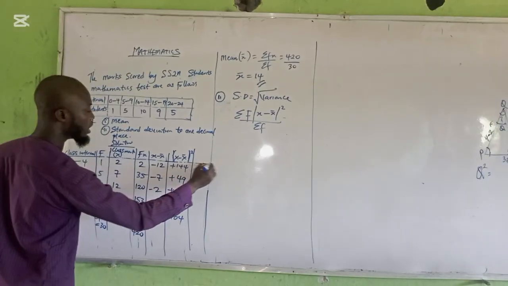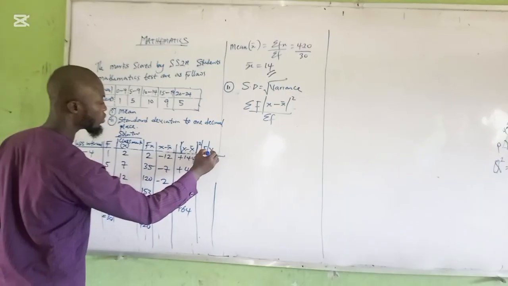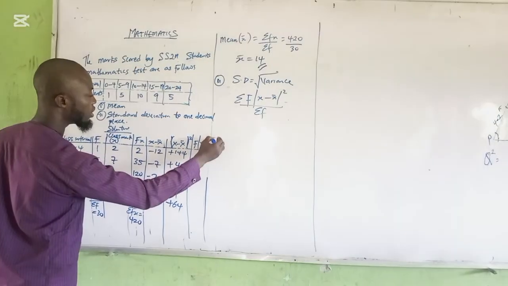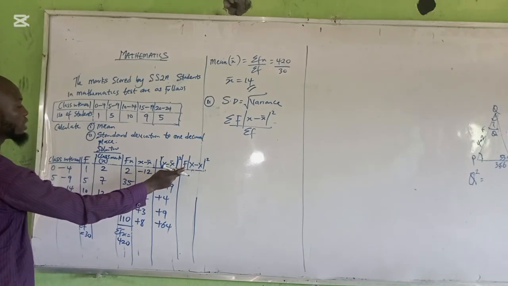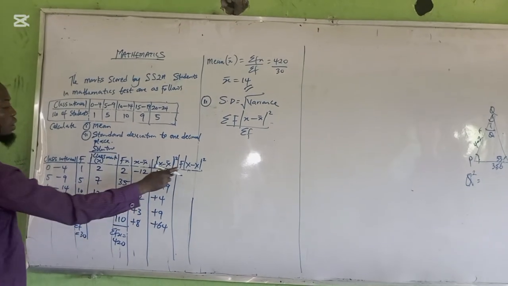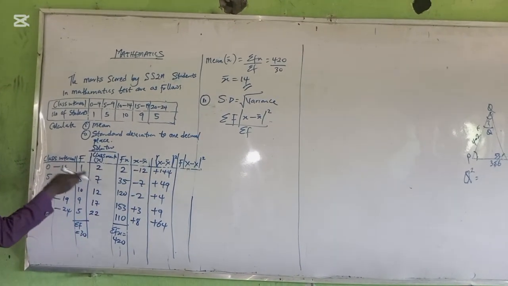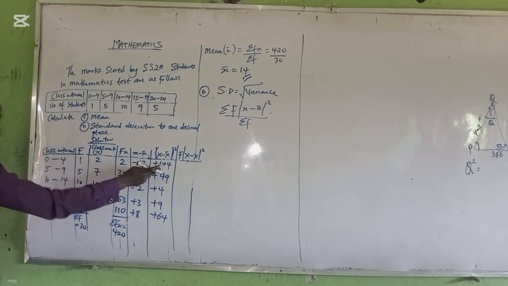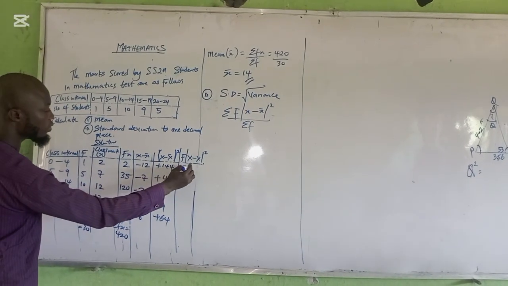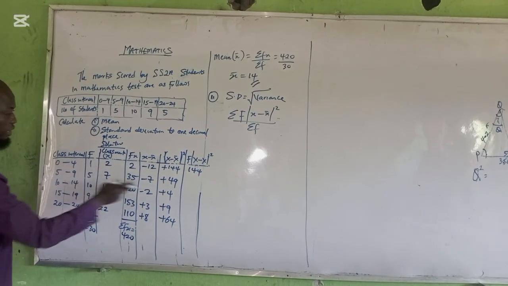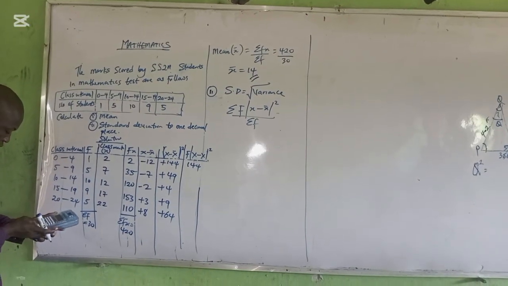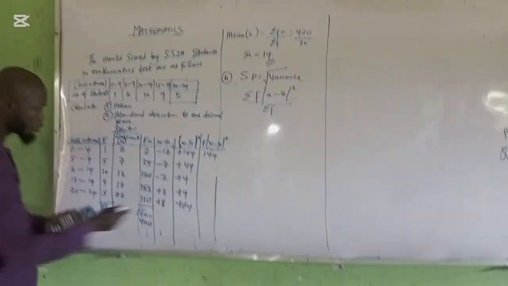Now what we need to do is multiply each of these by the frequency. So 1 times 144 gives us 144. Then 5 times 49 gives us 245.